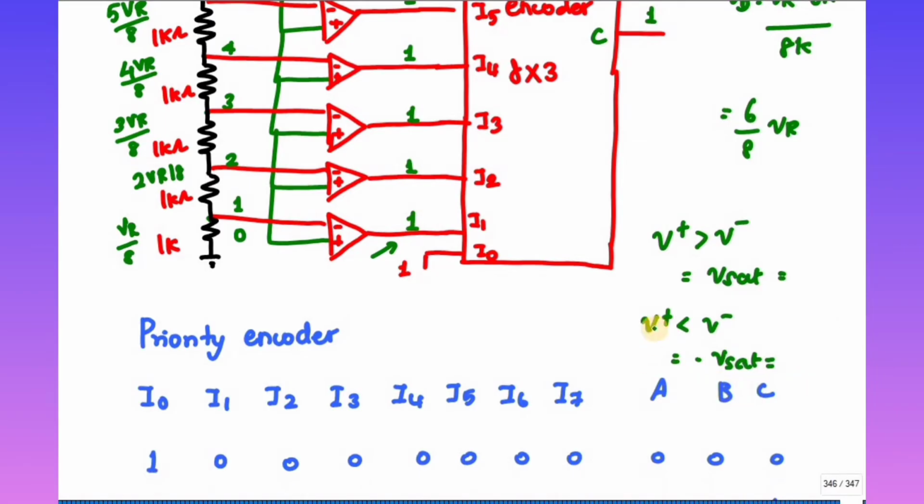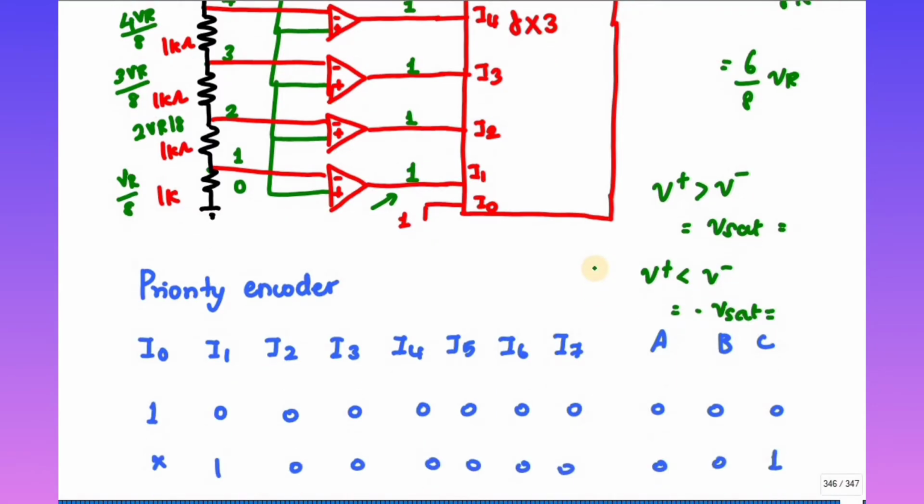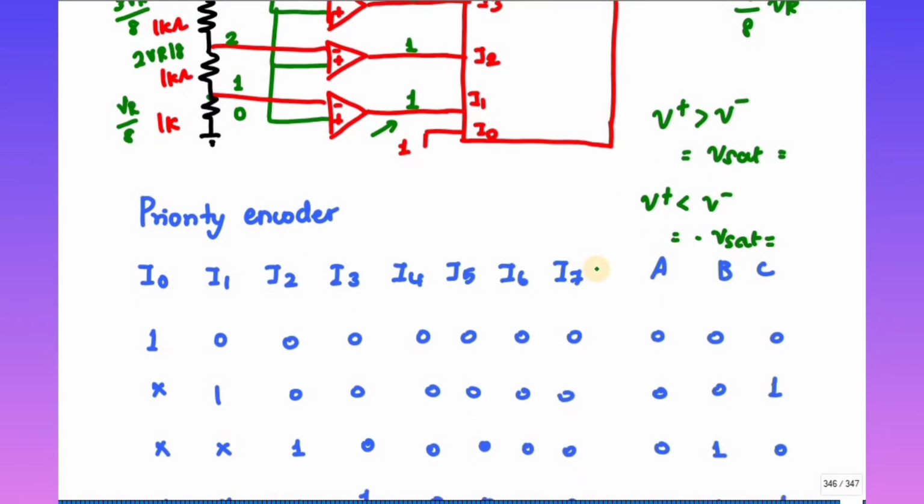This output is given to a priority encoder. It is nothing but 8 cross 3. We have 8 inputs, I0 to I7, and ABC is my output. The detailed video I will give in the description box. I0 is always connected to 1.